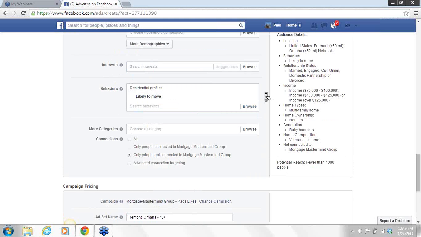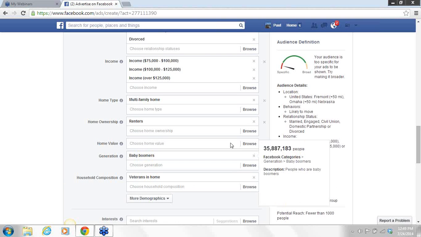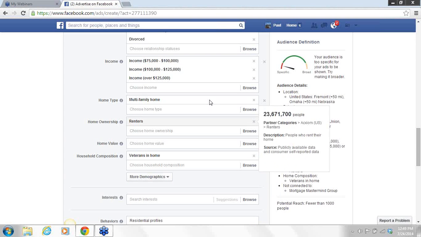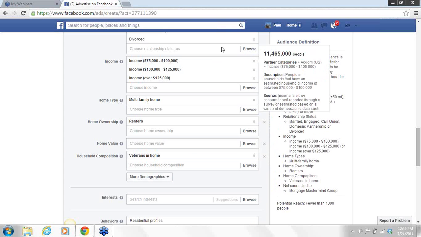Likely to move. I'm going to take off my baby boomer stuff here. So this ad right now, and I'm going to take off the income.